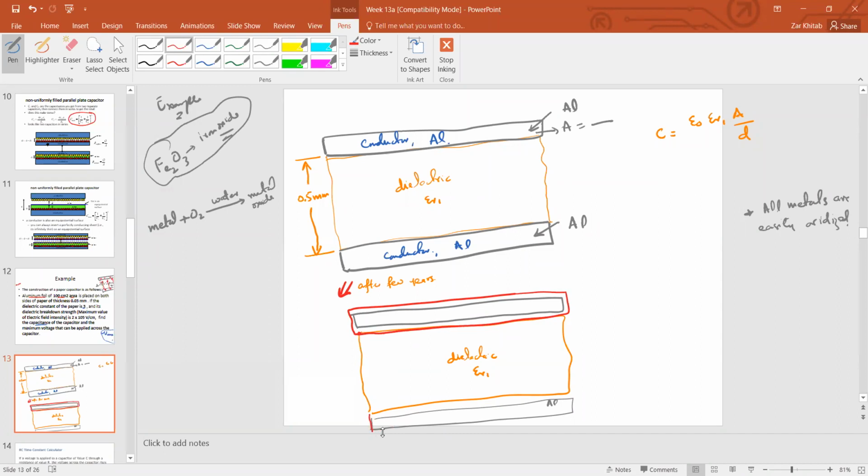Similarly on the downward side, okay, it's the oxidation which is here. That's a problem area, because really the oxidation here is of no interest for me, but it's this region where the oxidation layer between the dielectric and the aluminum, this oxidation layer, it will have some thickness, say like 0.2 micrometer.